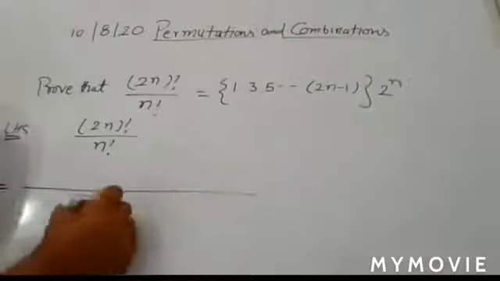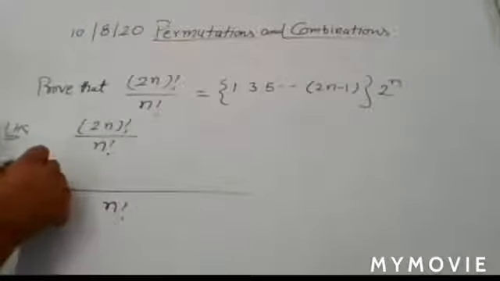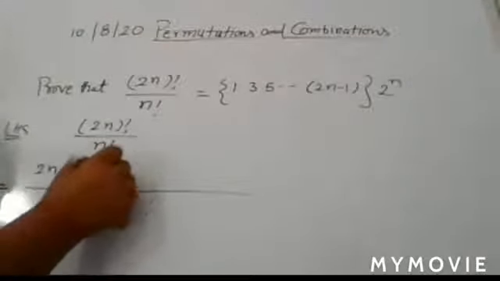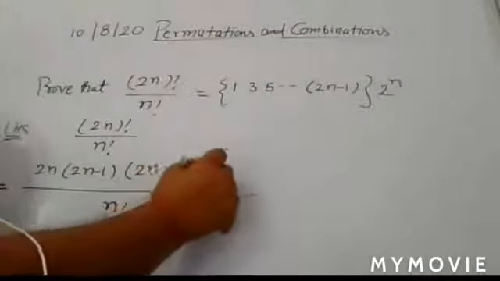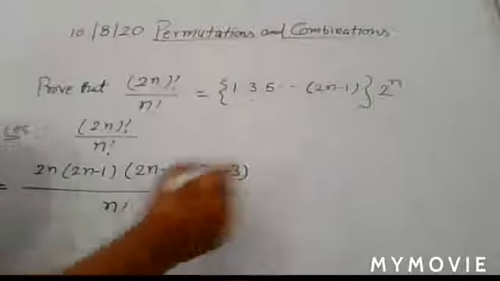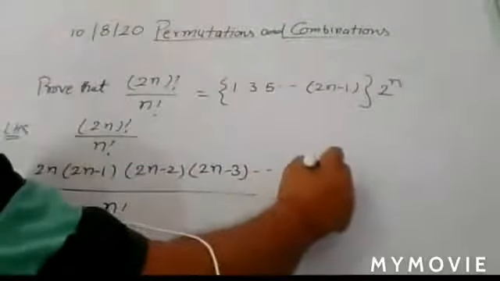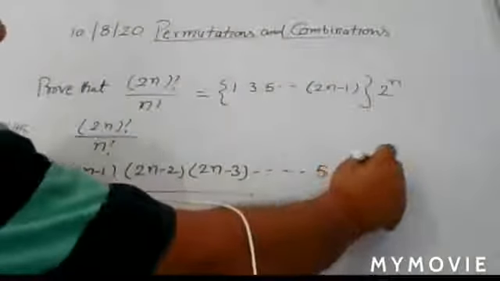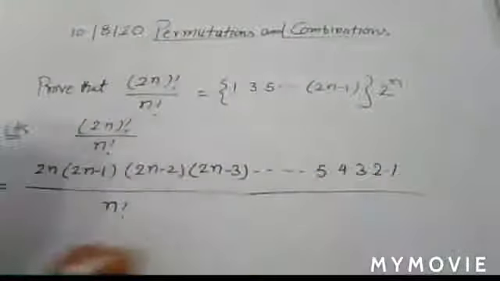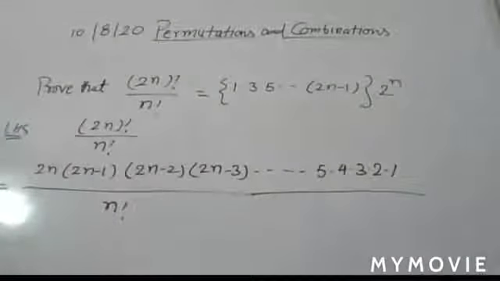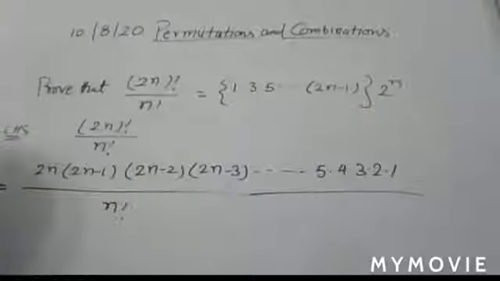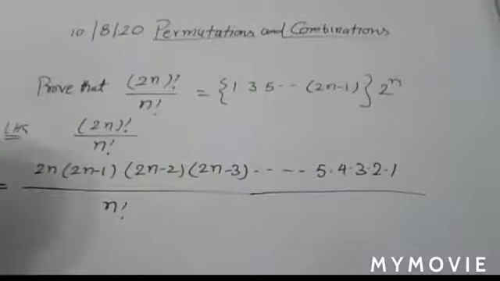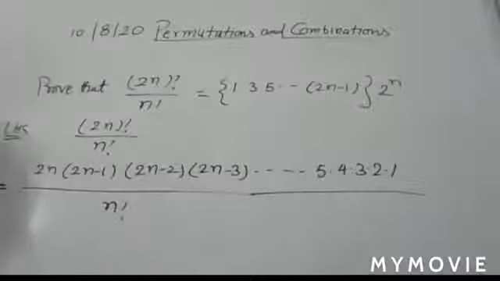So if you are expanding your numerator, so you have 2n, 2n minus 1, 2n minus 2, and 2n minus 3, and you can write here 5, 4, 3, 2, 1. You can write in this way. Okay, so you expand it. Just you see here, factorial n is the continued product of first n natural numbers.